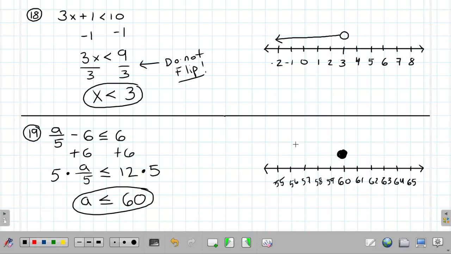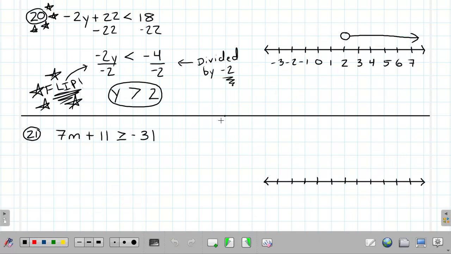And we want the numbers that are less than 60, so our arrow is going to go to the left. Then once again, pick any number that's to the left of 60. One that's obviously left of 60 is 0, okay? Let's plug in 0. 0 over 5 is 0. 0 minus 6 is negative 6. Negative 6 is definitely less than positive 6. It's not equal to positive 6, but it is less than positive 6. So the arrow does need to point to the left.